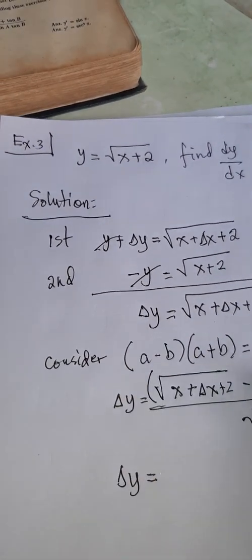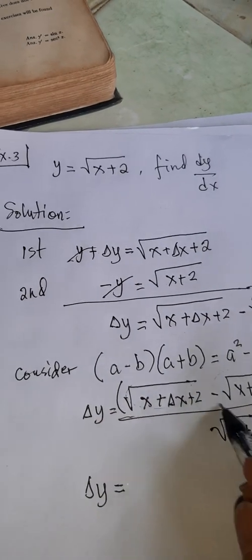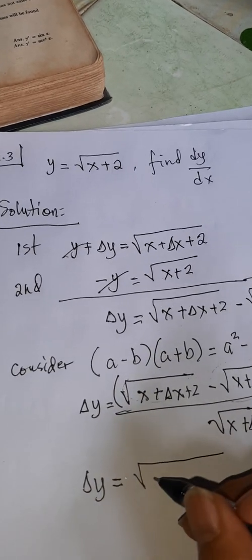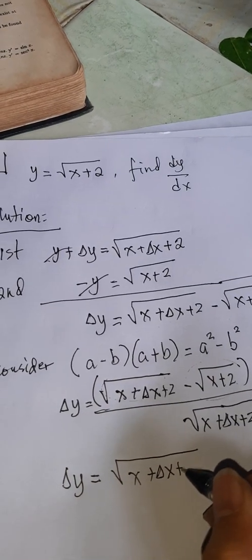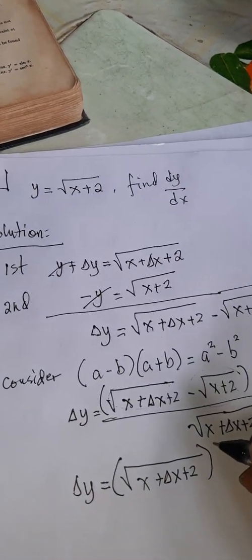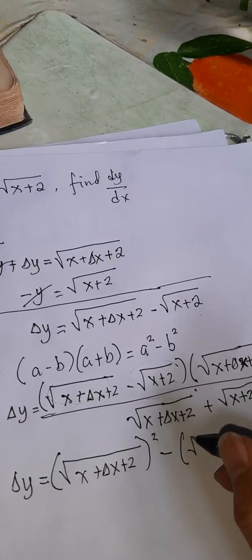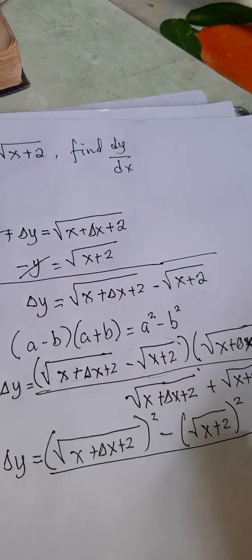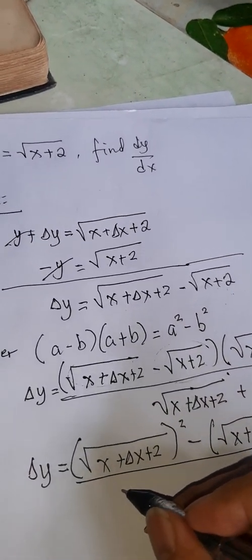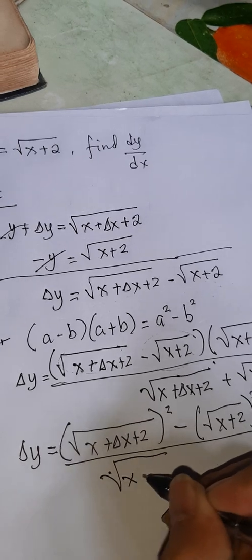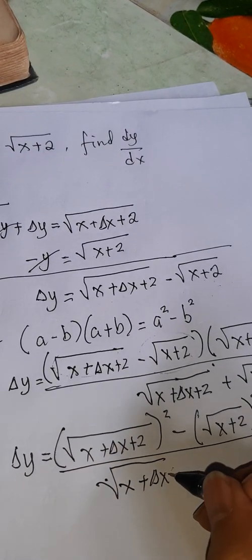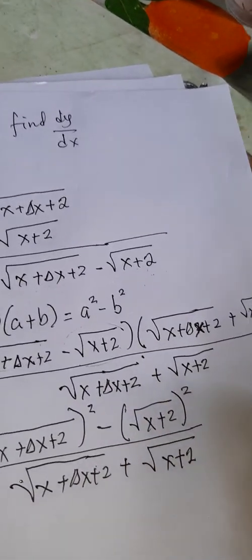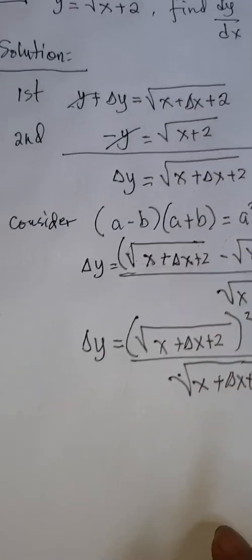Delta y is equal to, magre-result ito kung ito yung a, ito yung b, magkakaroon tayo ng square of square root of x plus delta x plus 2 minus square of square root of x plus 2, yun nasa ilalim na yan.